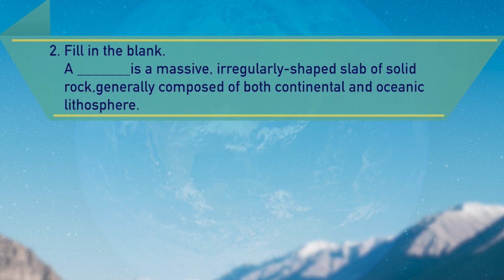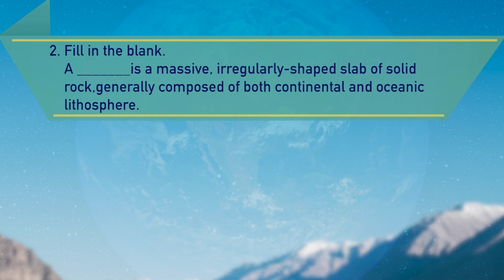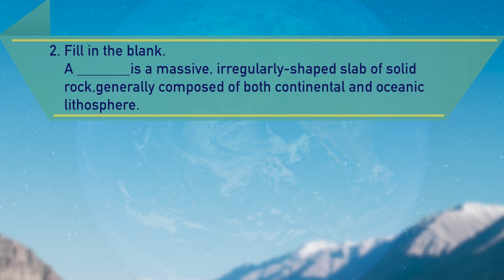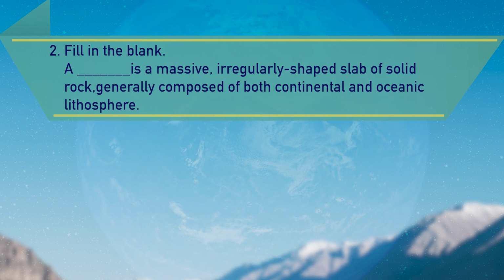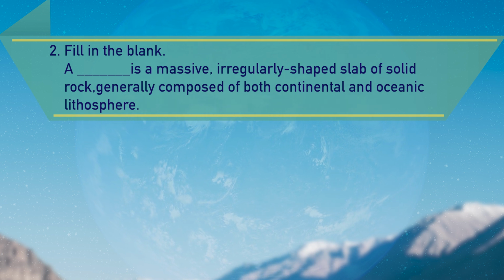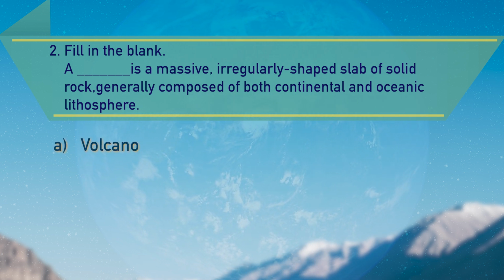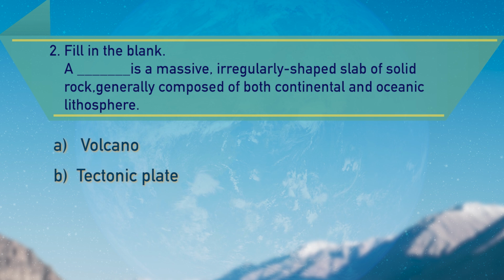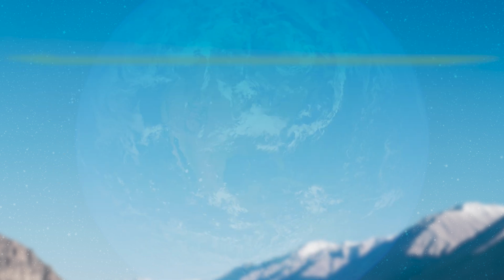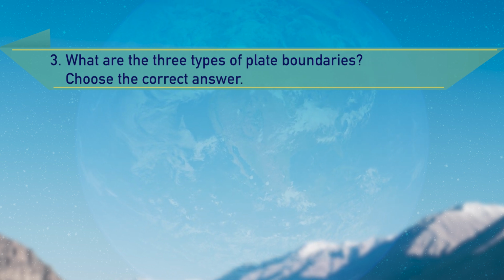Fill in the blank. A dash is a massive, irregularly shaped slab of solid rock, generally composed of both continental and oceanic lithosphere. A. Volcano. B. Tectonic plate. C. Plate boundary. What are the three types of plate boundaries?